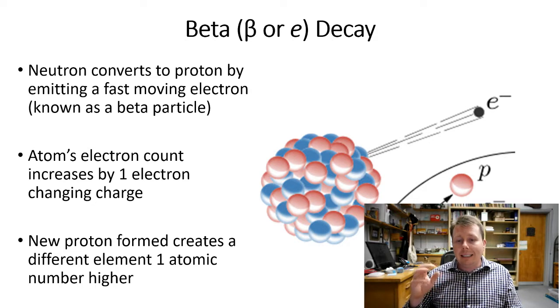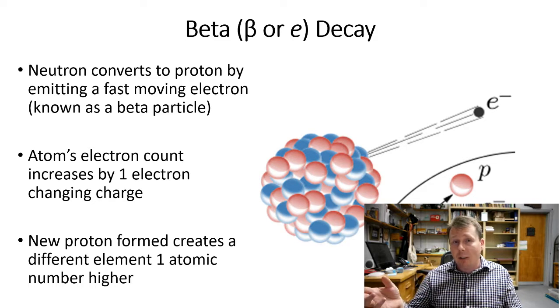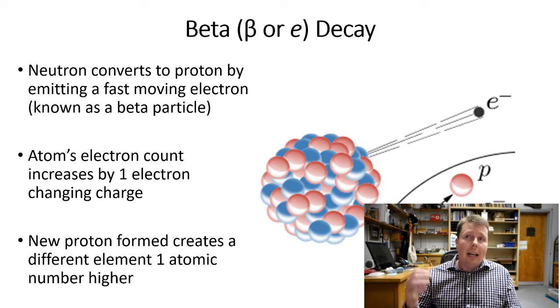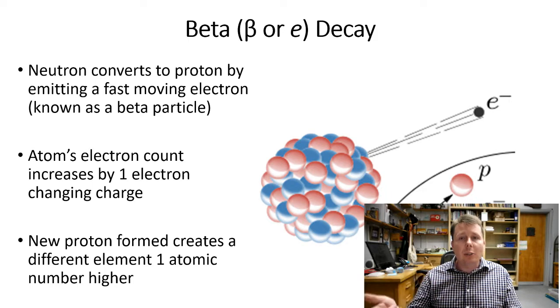You get the nucleus so excited that it expels an electron out of its system. And when it does that, in order to compensate for that loss, a neutron will change into a proton. If you get rid of the electron, the neutron will kind of substitute in as a proton. Now it's got more positive charge going on.